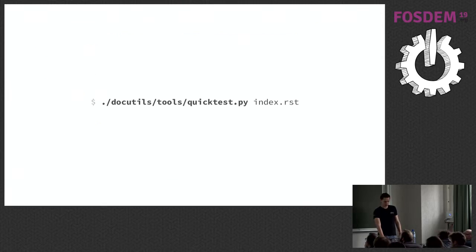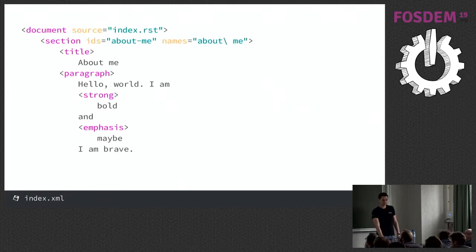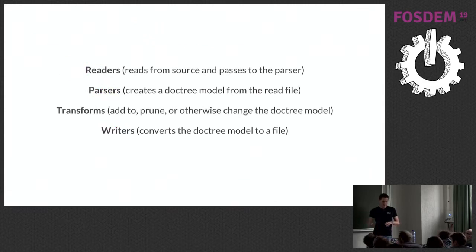It also has this tool that will skip applying transforms. I'm going to go into that quite shortly. But by looking at that, if you go look at the source code, you'll see that docutils has this four-step process for converting something from restructured text or Markdown or something else into whatever you want out the other side.